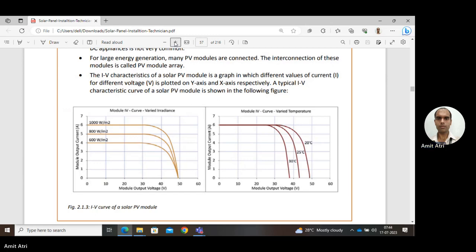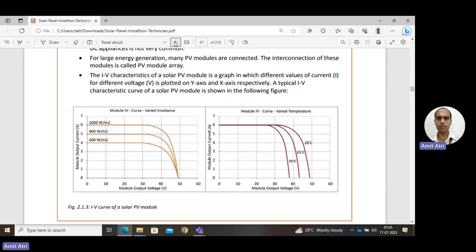with two types of variation: first in the irradiance, then second in the temperature. Now what is the effect of that? On the graph, voltage is on the x-axis and current is on the y-axis. In the first graph, as the irradiance is increasing, the output current is increasing.